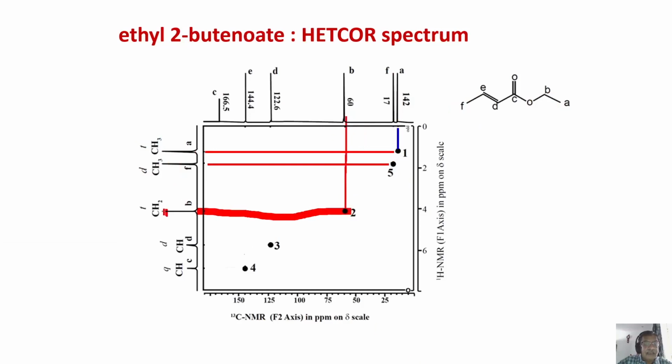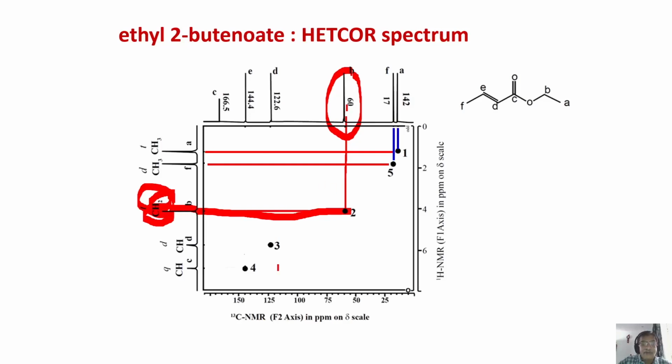That means this proton of this CH2 is correlated to this carbon. If I take this CH2 group, its chemical shift in the carbon dimension is this, and in the proton dimension is this. So directly we get both the chemical shift information. All the carbons which are directly attached to protons can easily be identified.